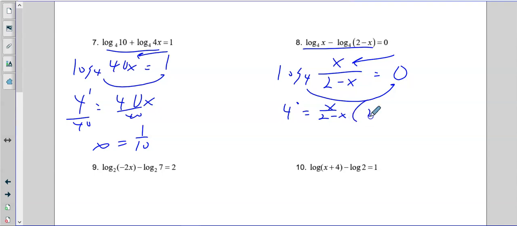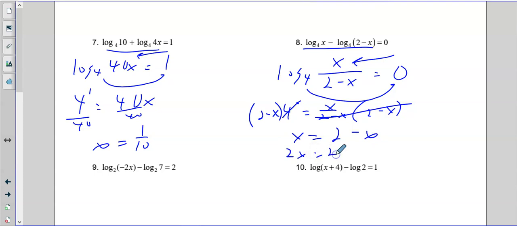So we're going to multiply both sides by 2 minus x. Remember, this is really just 1. So we get x equals 2 minus x. I'm going to add x to both sides. 2x equals 2. Divide by 2. X equals 1.